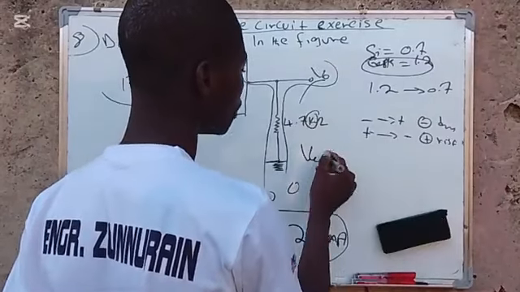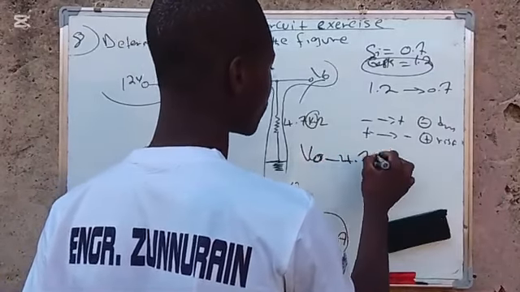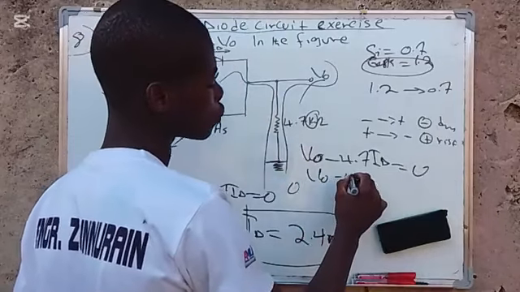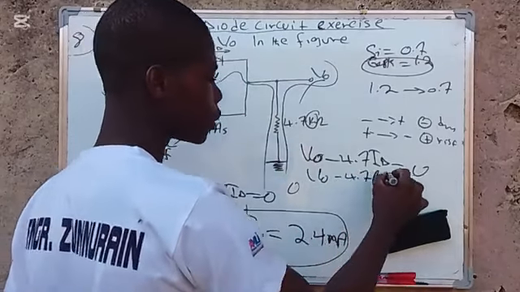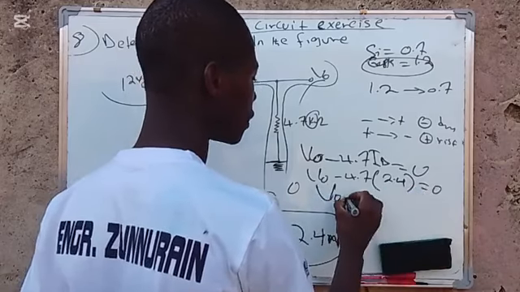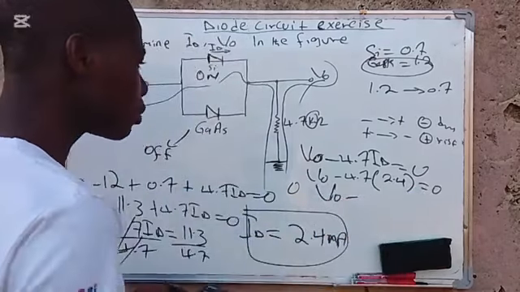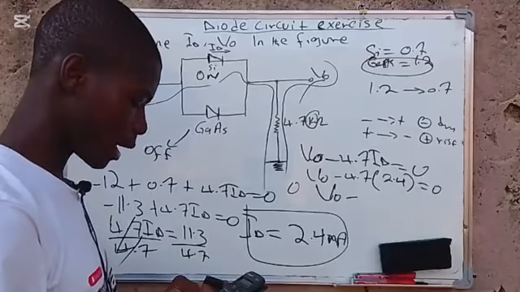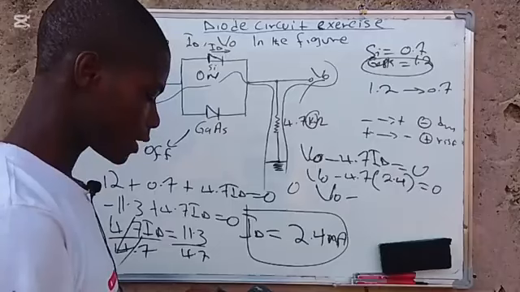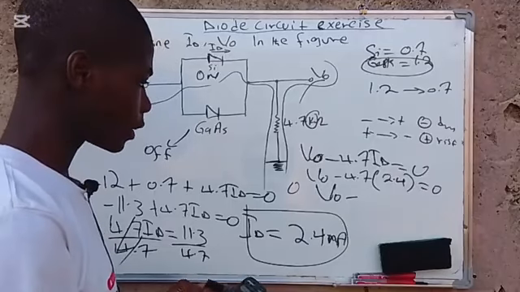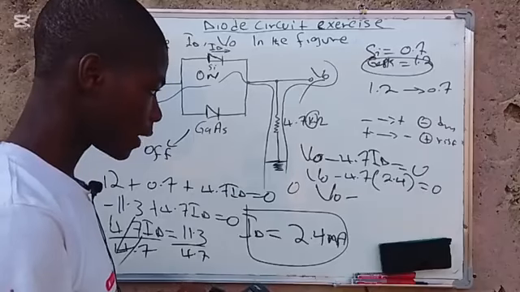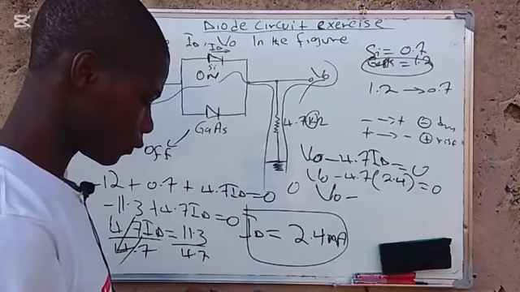So how can I determine this voltage? The V out minus 4.7 times ID should now be equal to 0. So V out minus 4.7 multiplied by 2.4 is equal to 0. So therefore V out minus this multiplied by, or let me refresh it, 4.7, okay, sorry, I have negative 4.7 multiplied by 2.4.